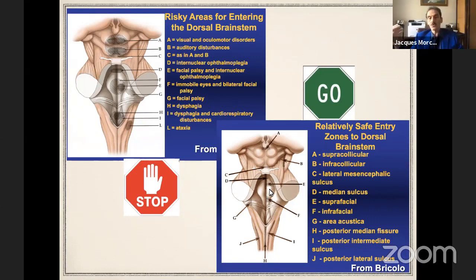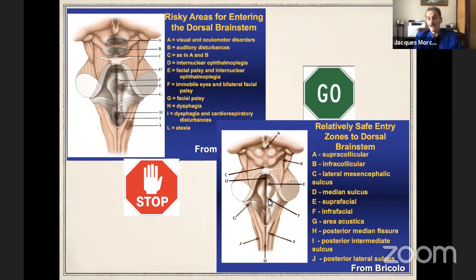These are zones you could consider entering, but realize you can still cause significant damage due to the structures immediately next to them, such as a midline incision between the medial longitudinal fasciculus up here. I do not like that incision, and I would avoid it, if at all possible. Yes, you could do infracollicular, you could do supracollicular.